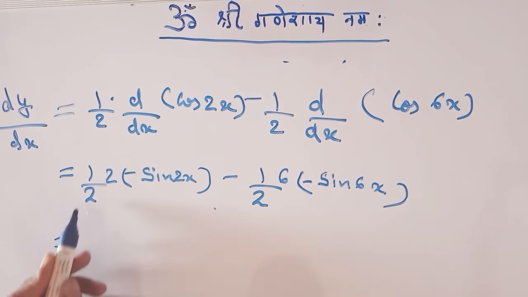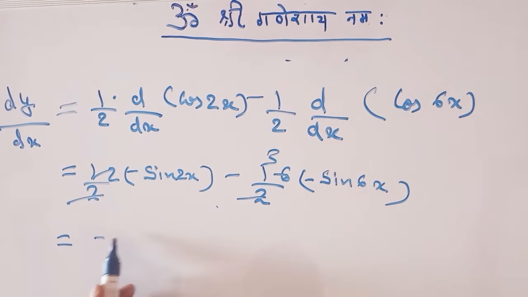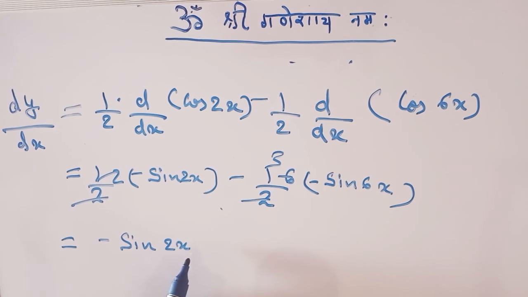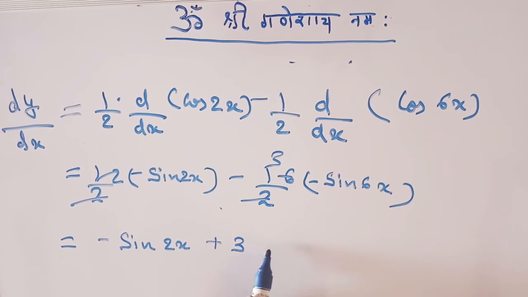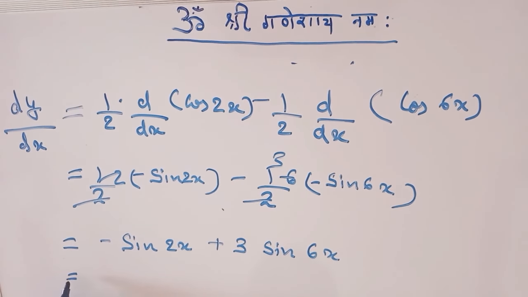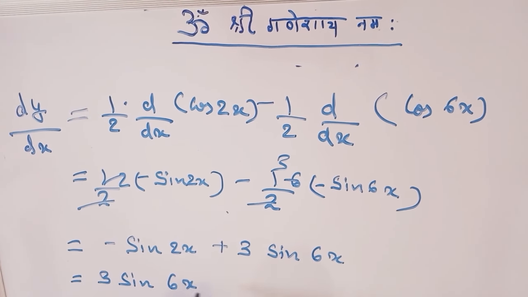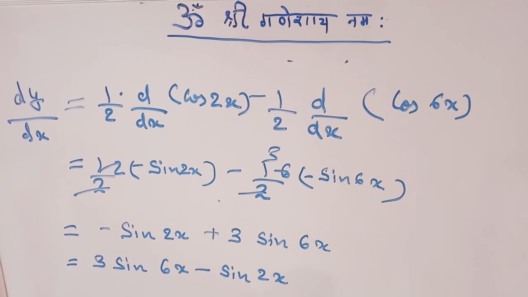Okay, so the 2 will be cancelled, and 2 threes here, so minus sin 2x, minus minus plus 3 sin 6x. So we can write it as 3 sin 6x minus sin 2x.